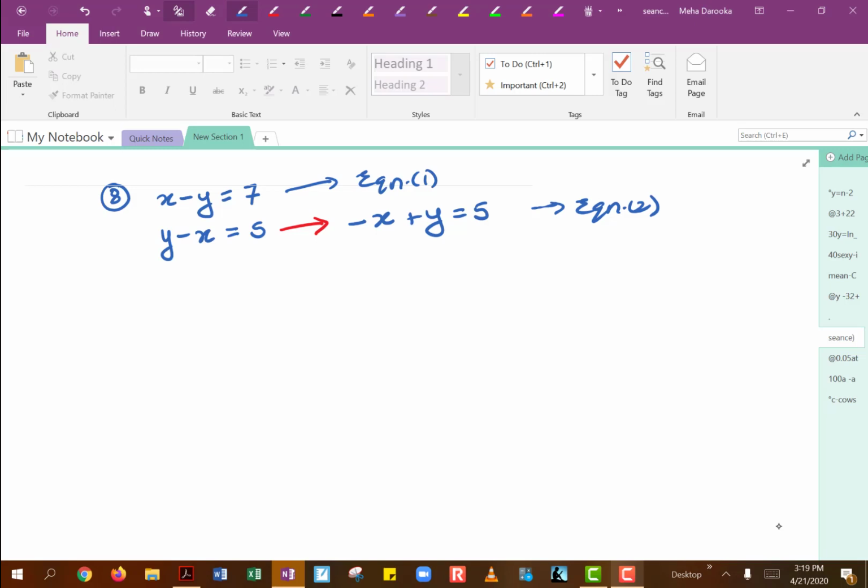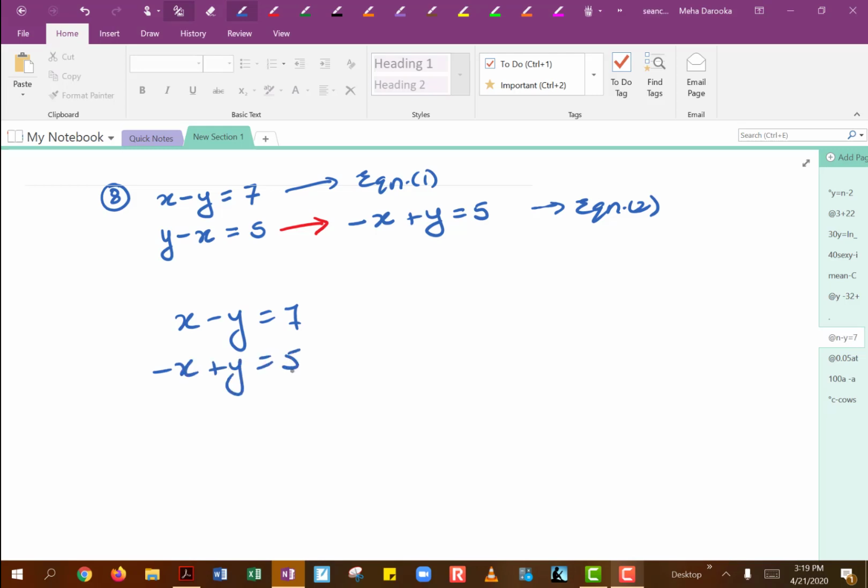So this is our equation 1 and this is our equation 2. Okay, so you should notice here that I have a positive x on my first equation, a negative x on my second equation, negative y on the first equation, and a positive y on the second equation. So if I were just to go ahead and add equations 1 and 2, let's see what happens.